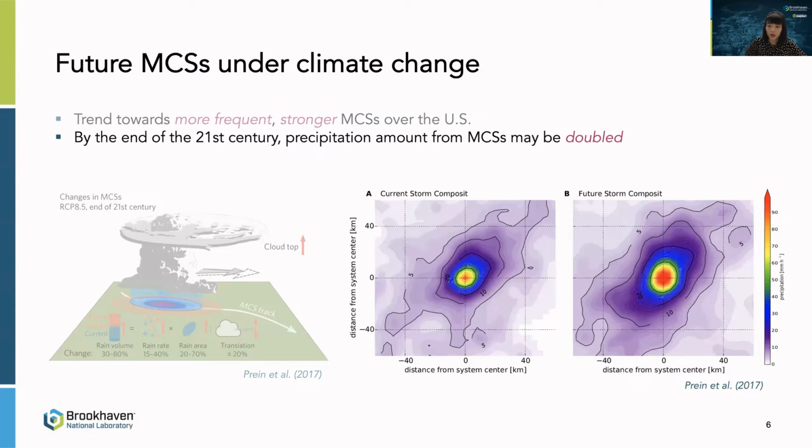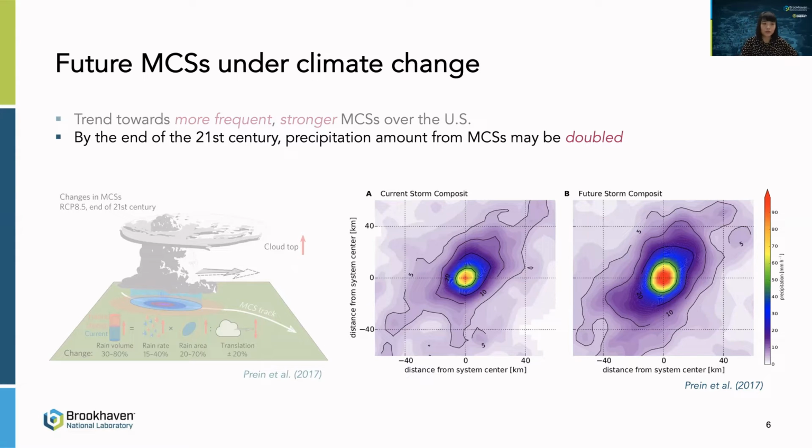And they also did a composite of surface precipitation properties for current MCSs on the left and future MCSs on the right. And the colors here represent the precipitation rate. You can see that both the area and the intensity of the precipitation increase as we warm up the environment.